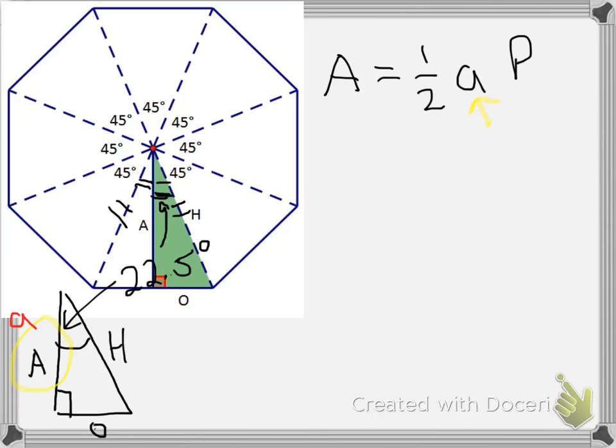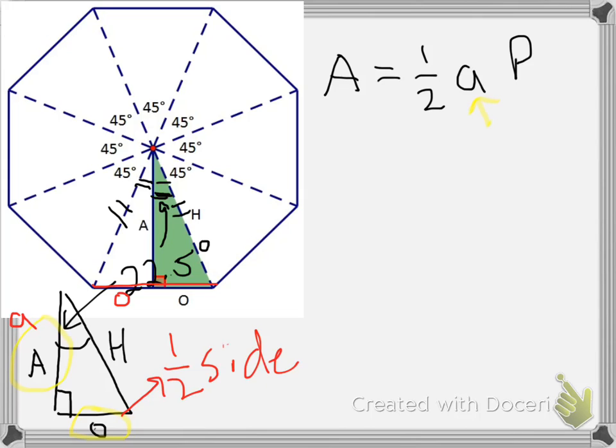Okay? If we can get this one here, that there is half a side. So we'll multiply it by 2 and we'll have the whole side. So there's an O there and an O there. So we need 2 O's to get the side.